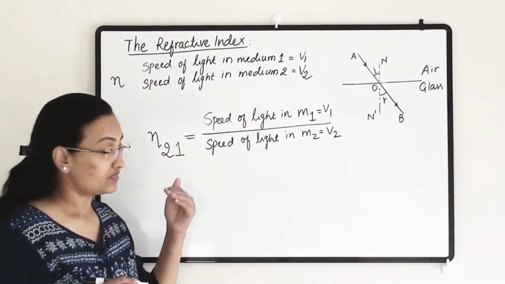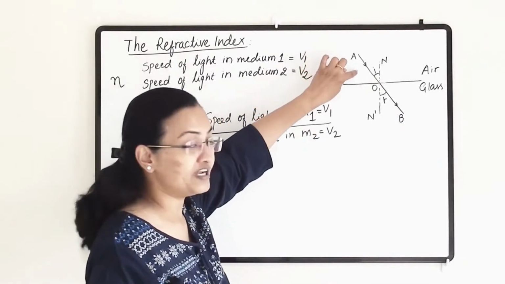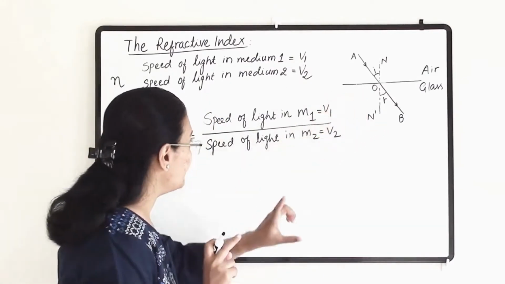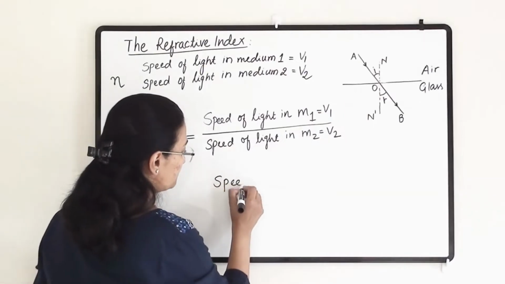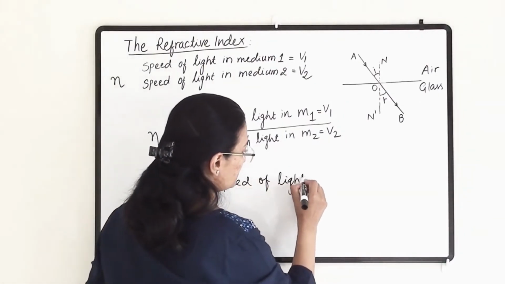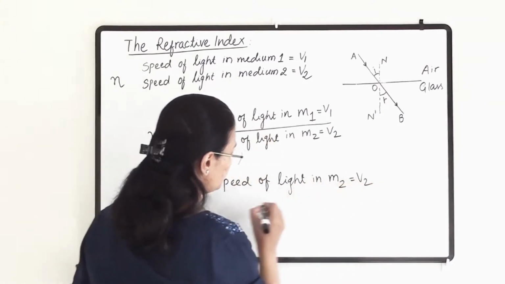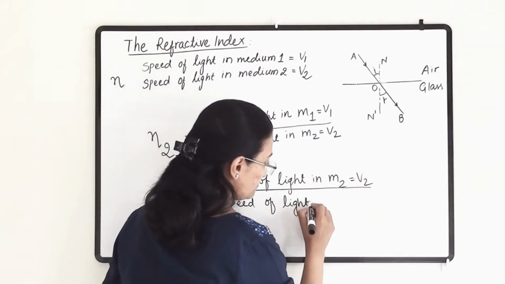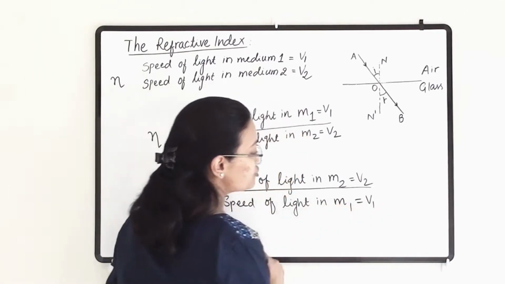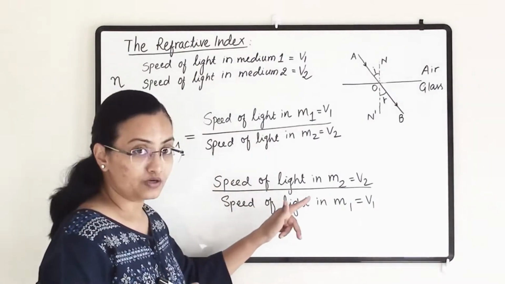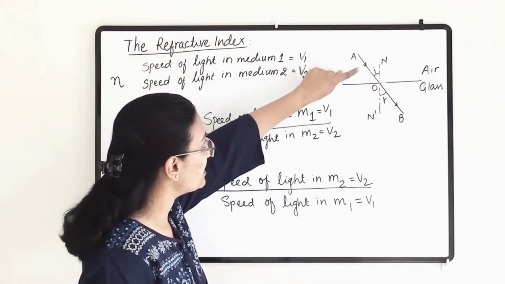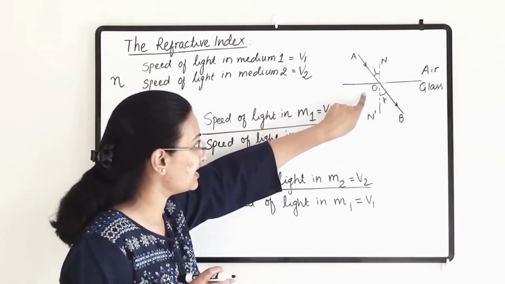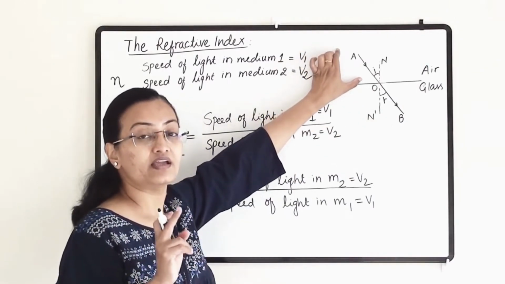Now in the second case, when we find the refractive index for medium 1, if we take this ray OB as our reference ray, then the speed of light in medium 2, V2, will come in the numerator, divided by the speed of light in medium 1, V1. Here we do the opposite: with respect to this OB ray as the reference ray, we check how much the OA ray has got bent.